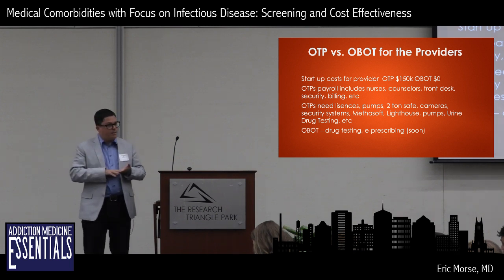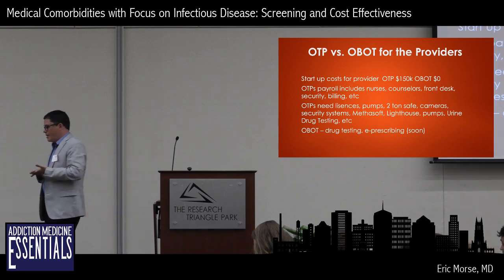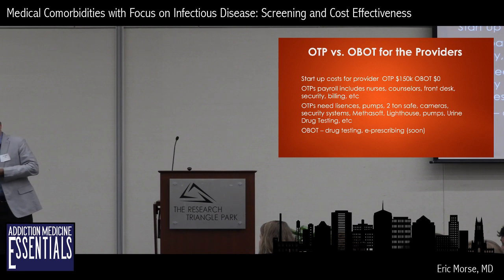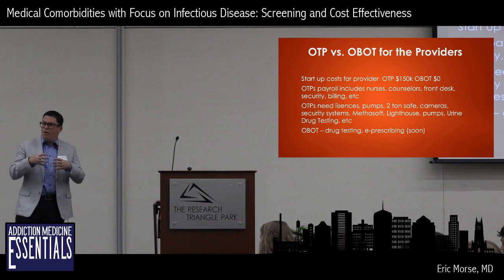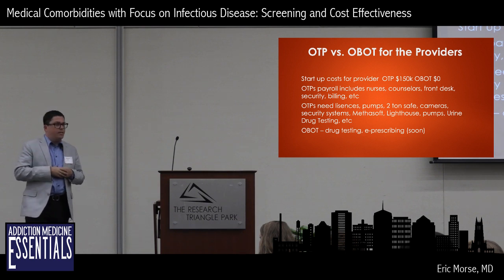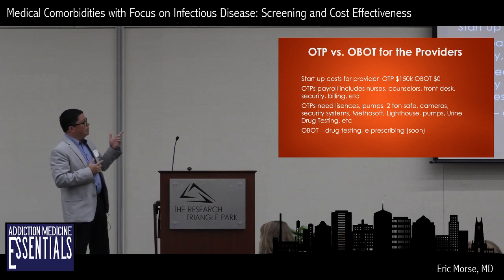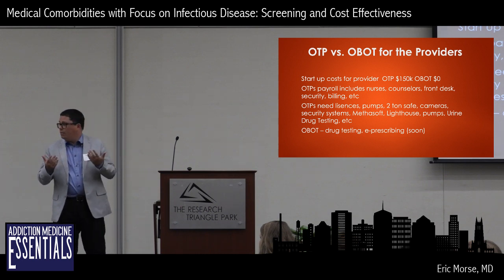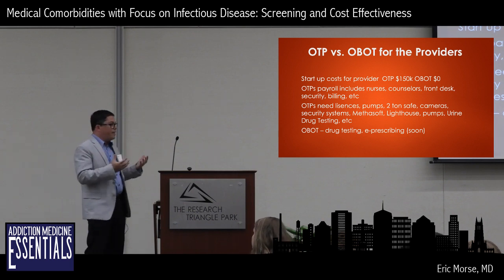You've got to get DEA approved cameras, and the DVR that comes with that, a 2-ton safe. Methasoft, they have a monopoly on software. You add all that together, the cheapest I've ever done is $150,000. OBOT, you need a desk and a chair, and probably not any money. So it's a lot more cost effective as a provider.